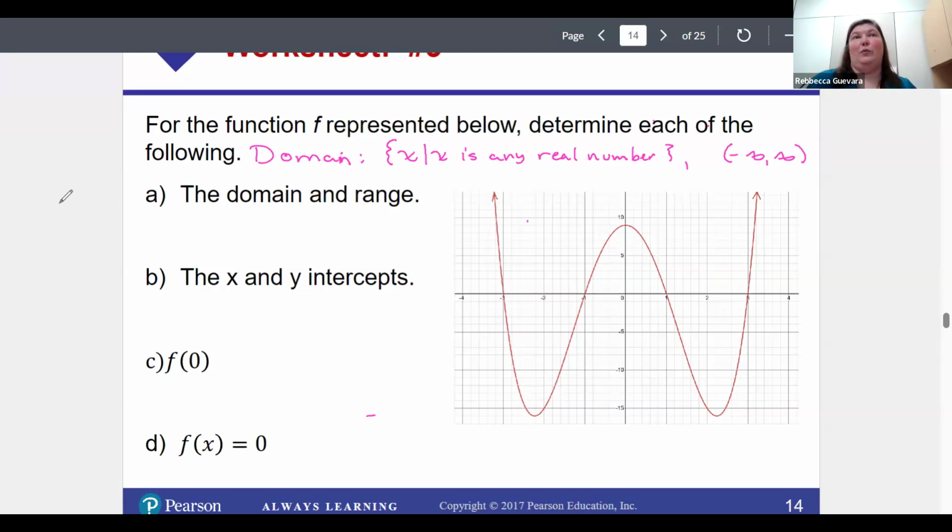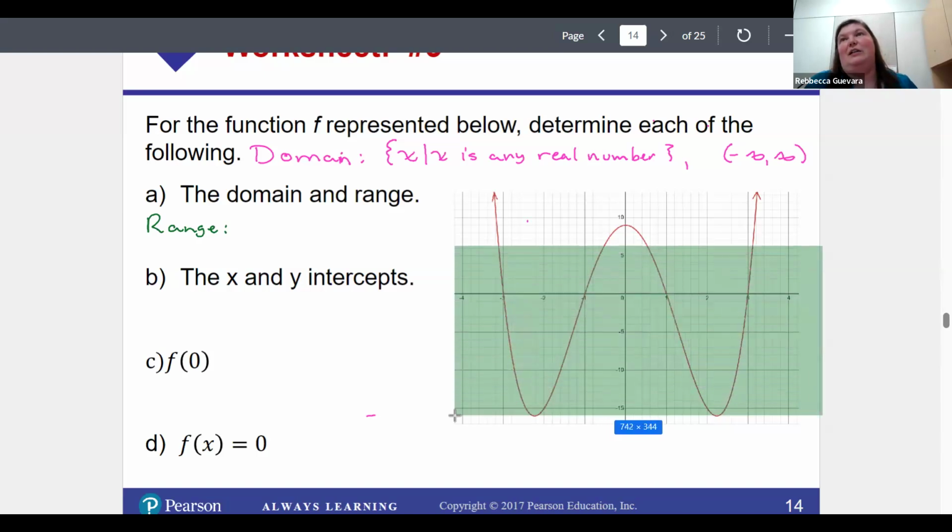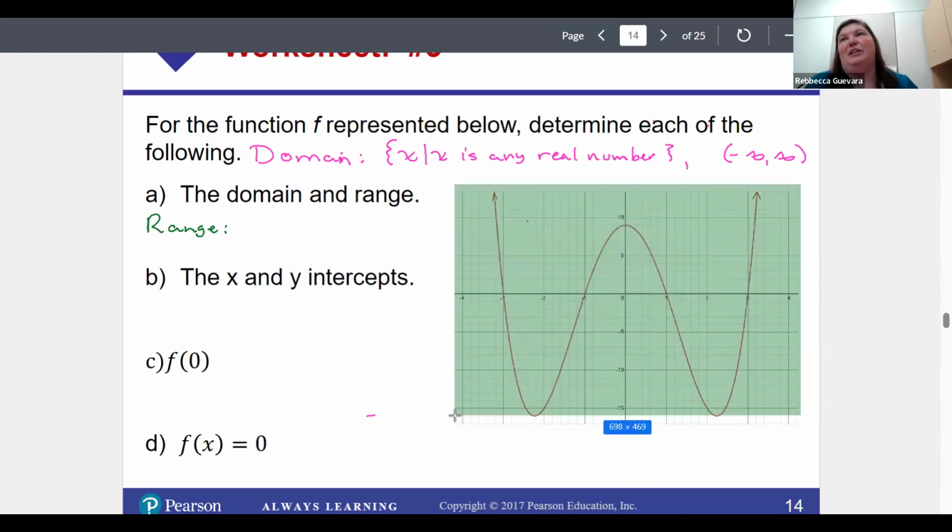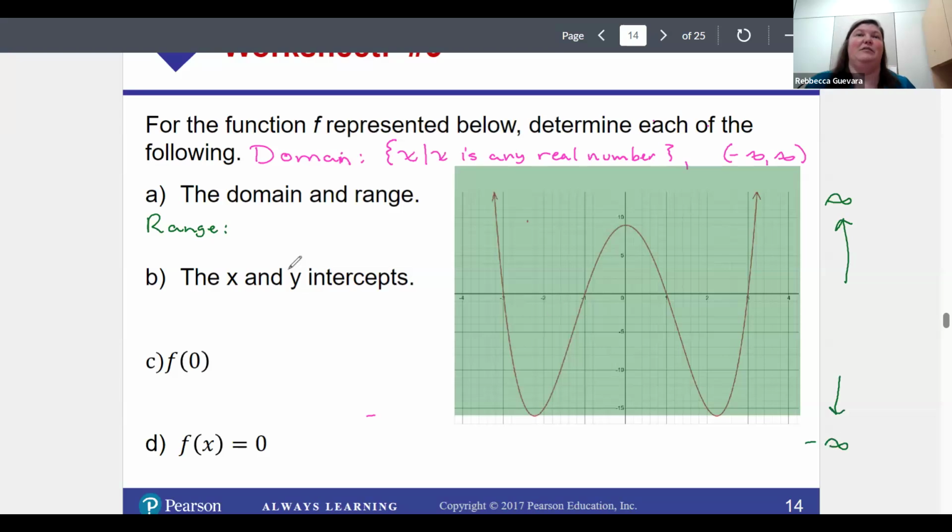So when we talk about range instead, range is slightly different here. What we see is that right down here, that is my lowest possible y value. And I keep on going up and I hit those arrows, meaning I also just keep going. So if I'm going up, that's also going to infinity. If it was reversed and I was going down, it'd be going to minus infinity.